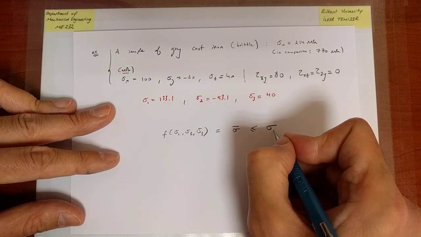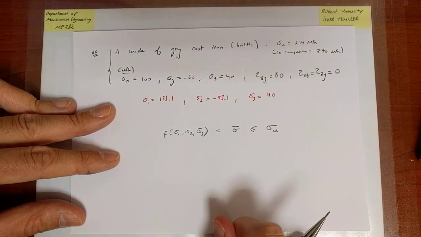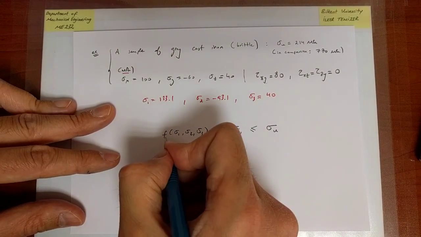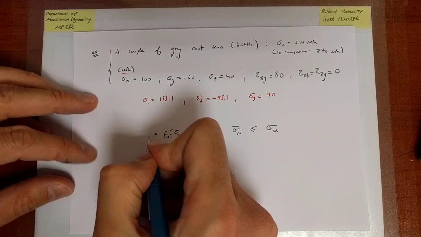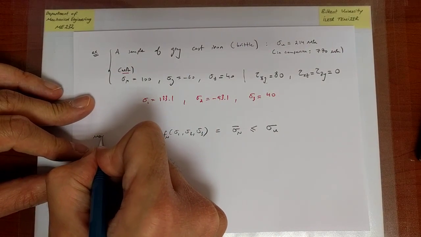In this case, I'm looking at a brittle material, and therefore the critical value is the ultimate strength. I indicate the effective normal stress with sigma n. The function is coming from the maximum normal stress criterion. That's all I know presently.